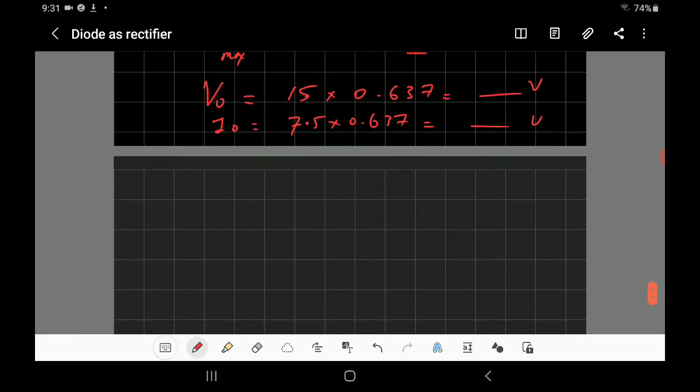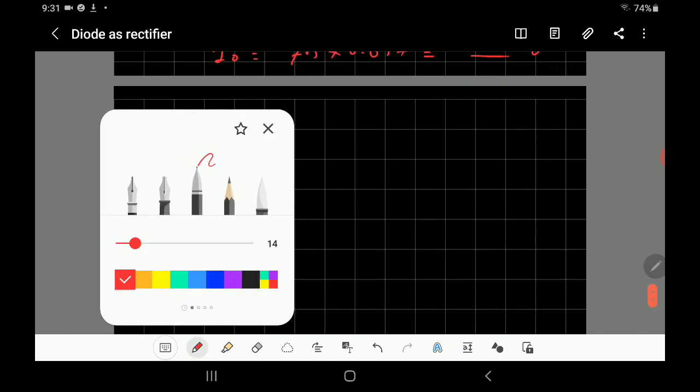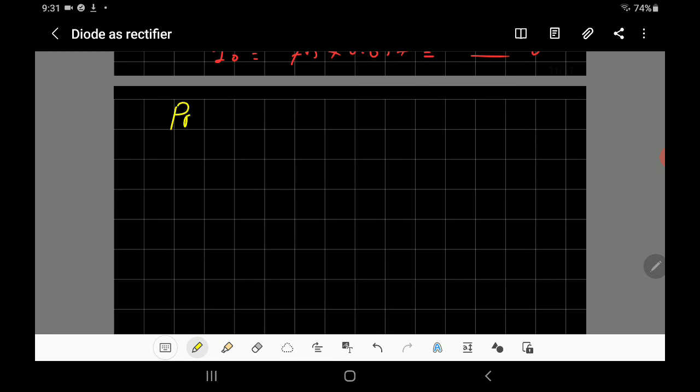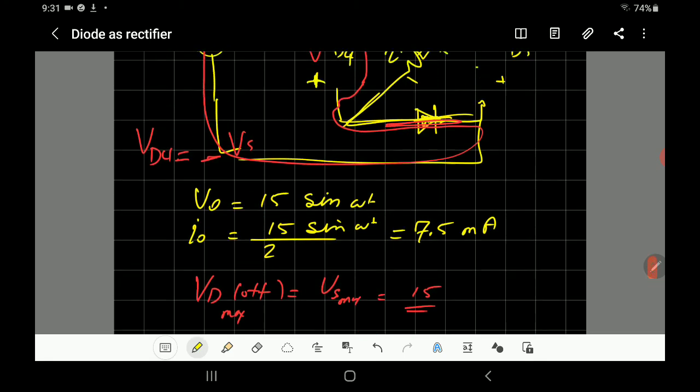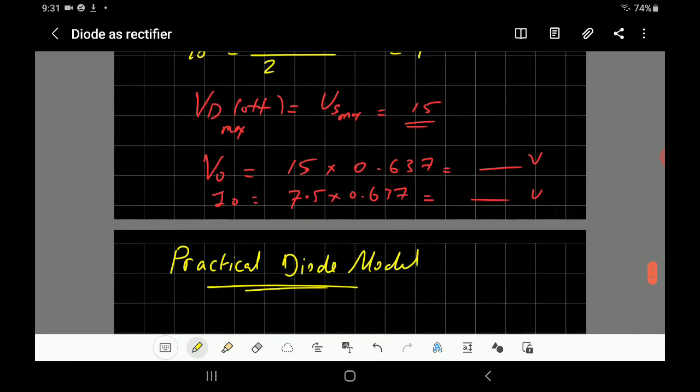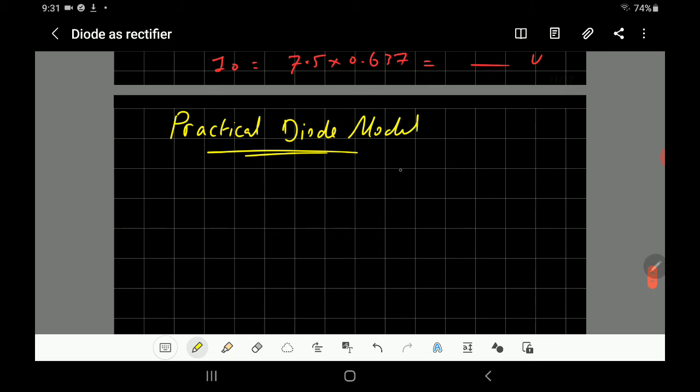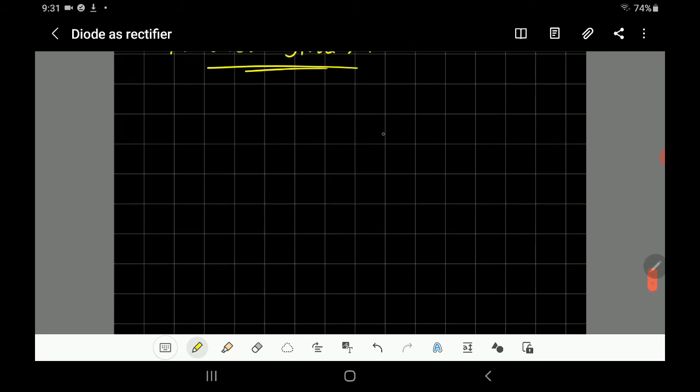What about if we do the practical? When you have the practical diode model, we'll take this circuit when it's conducting, but the diode will now be represented by a back EMF.